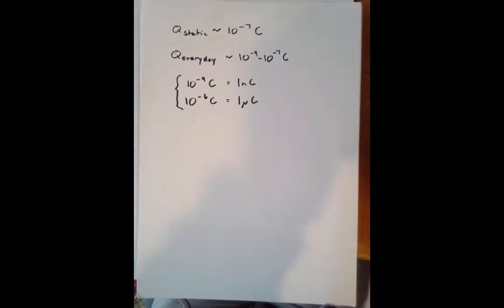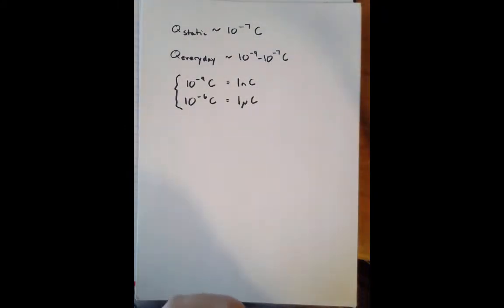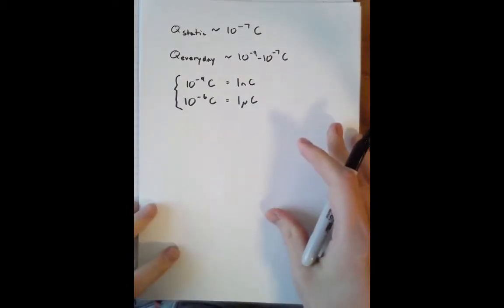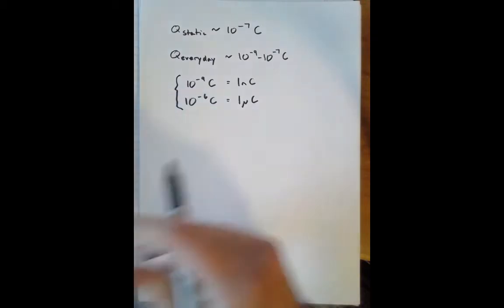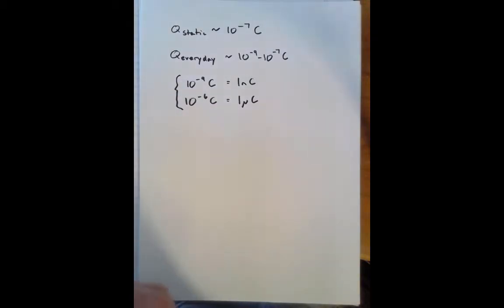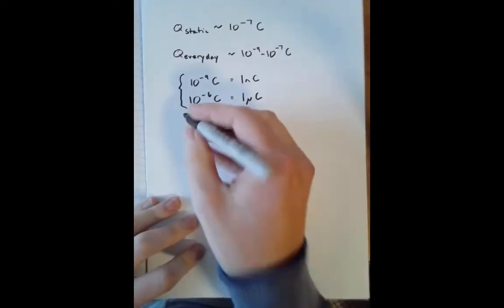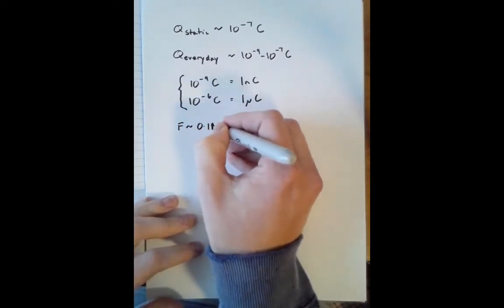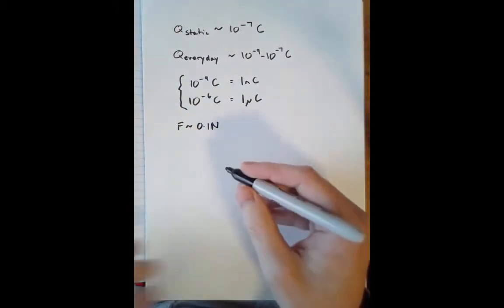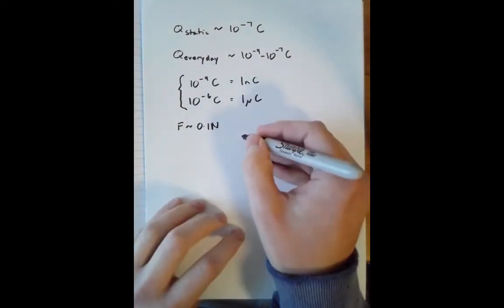So we were discussing typical amounts of static electric charge that you get every day. And we derived this by assuming a force of around 0.1 newtons holding up the balloon that we charged statically and then stuck to the wall.